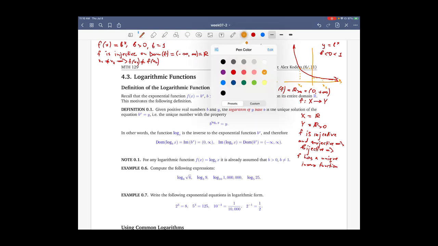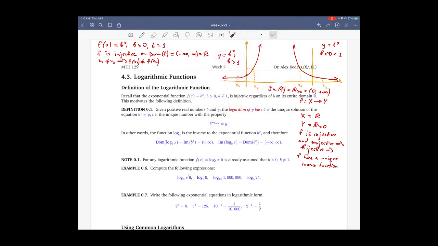Well, we're going to fix a y anywhere in the set capital Y. In other words, we're going to fix a y which is a positive real number. And whatever x corresponds to that y will be the value of the inverse function at y.